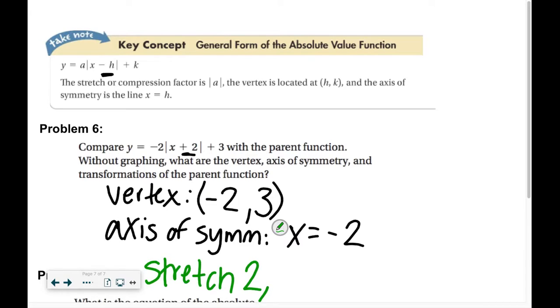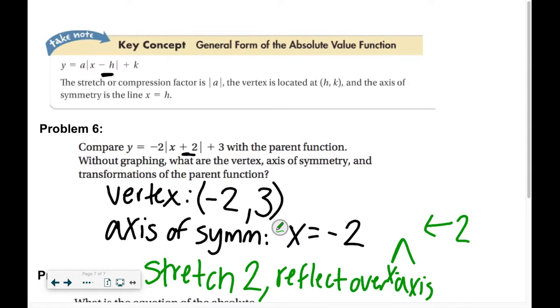What else did you say? It's going down, so reflect over the x-axis. So it's looking like that. And then you said with the vertex, it's going where? Left 2, up 3.